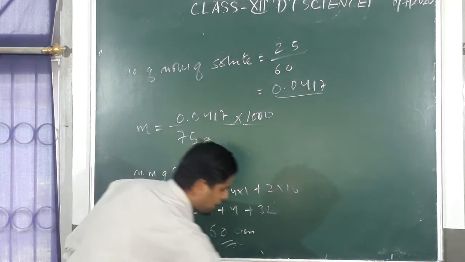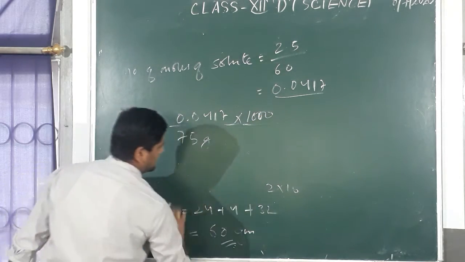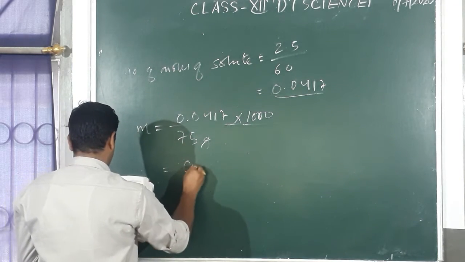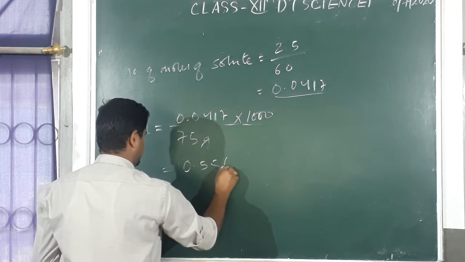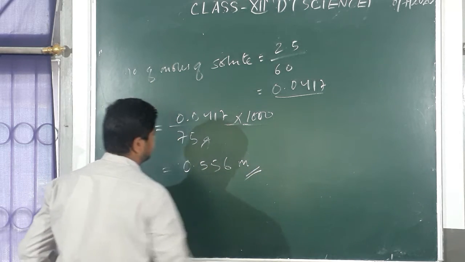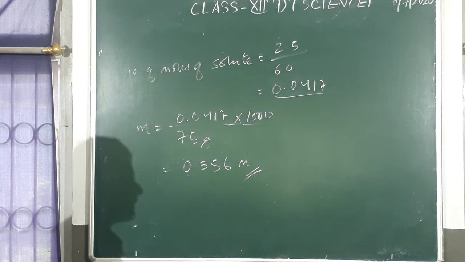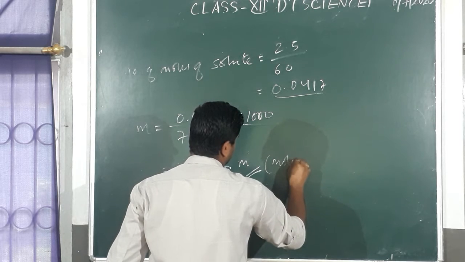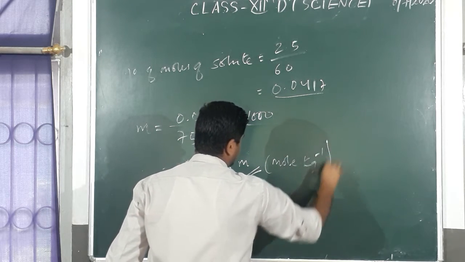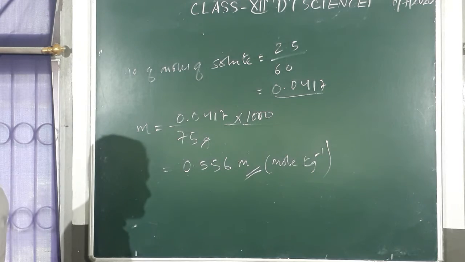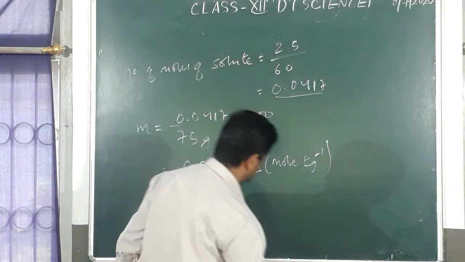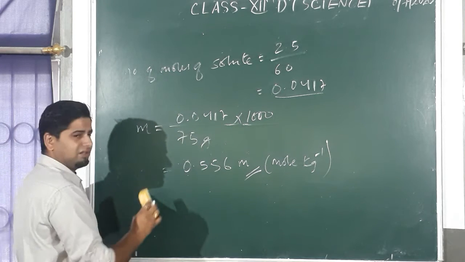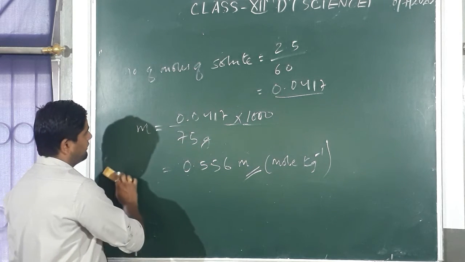If you calculate the value, you'll get around 0.556 small m. The small m is molality, or you can write mole per kg. Got it? Check properly. This is a very simple method. I think all of you have understood this.